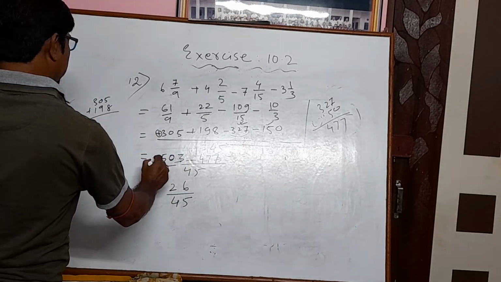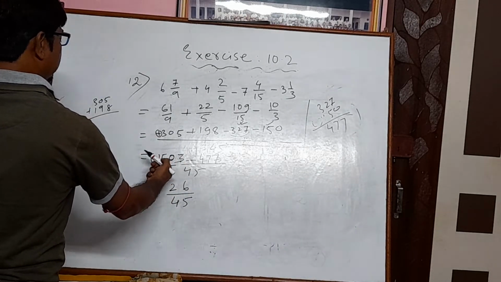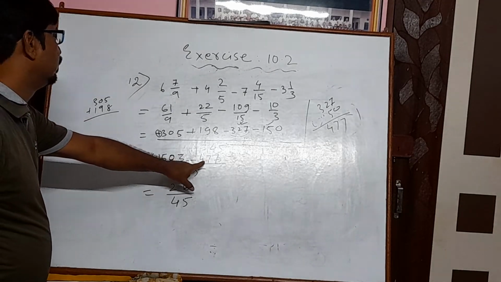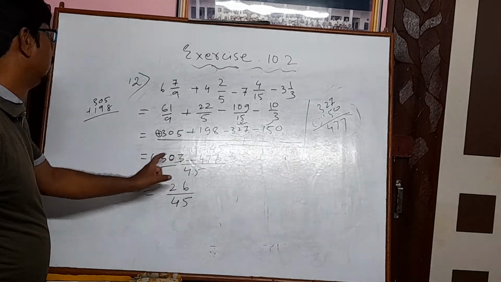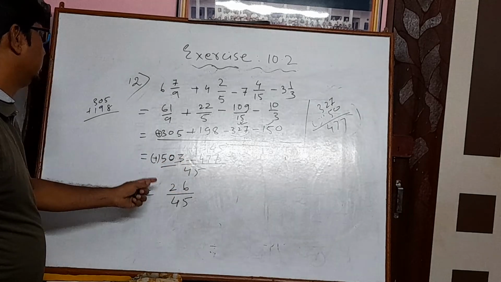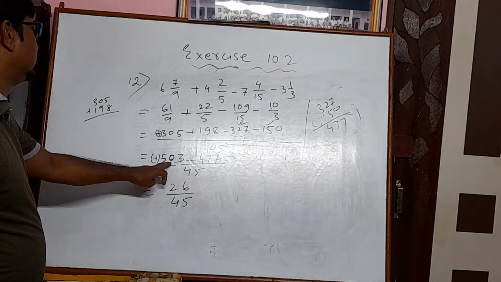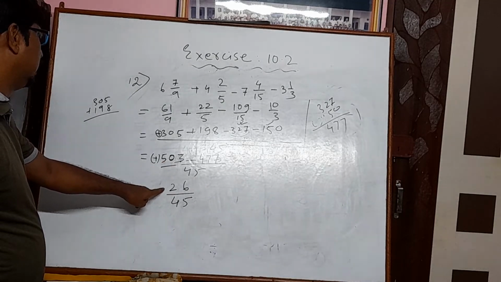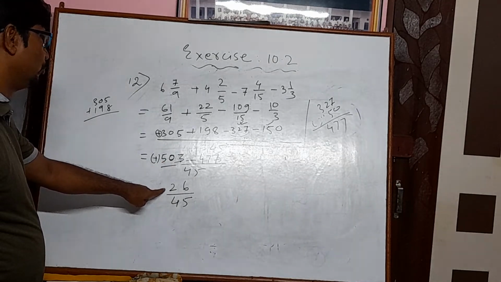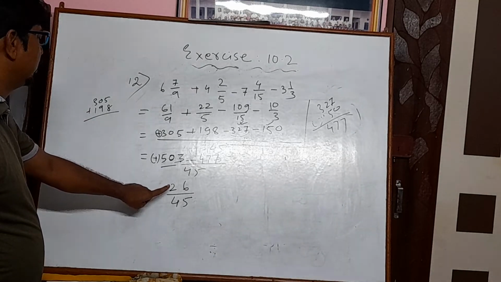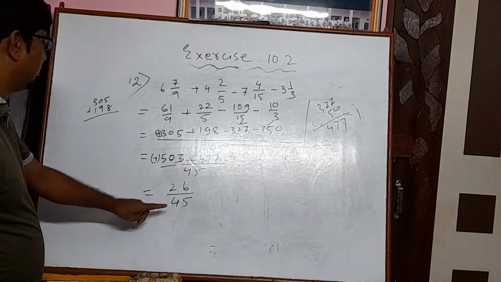In front of 503, which sign is there? Positive sign. In front of 477, a negative sign is there. So plus, minus, subtraction, from bigger number to smaller number. Here 503 is the bigger number. Whether I have written it or not, no problem, no sign means plus sign. So the answer is 26 by 45.